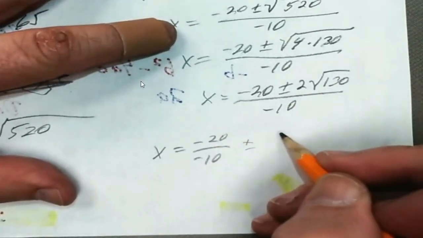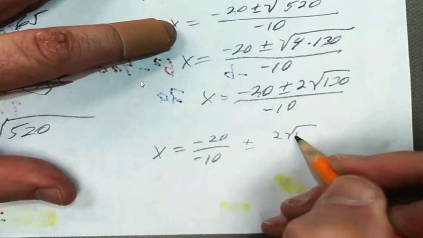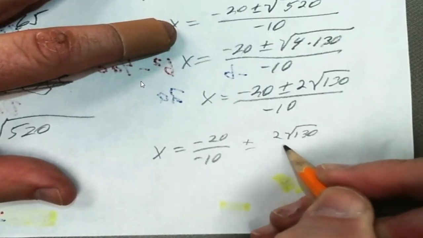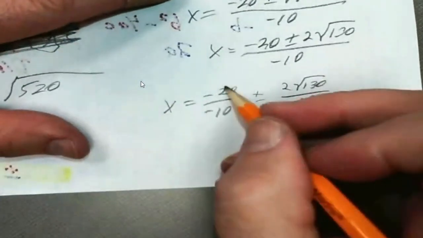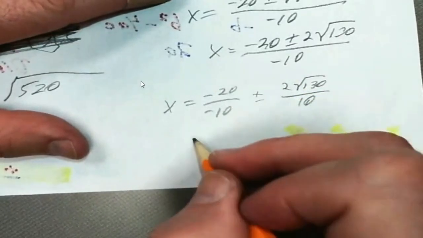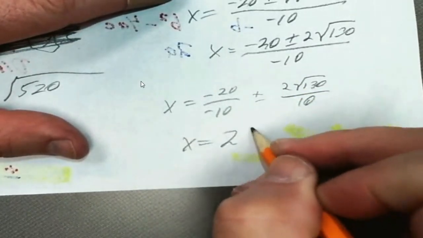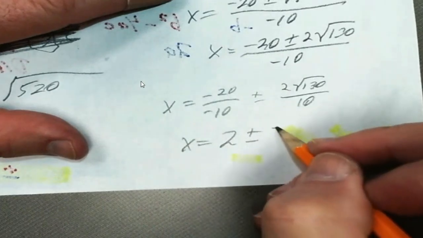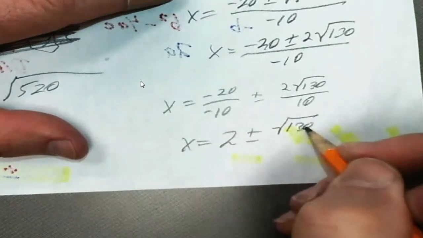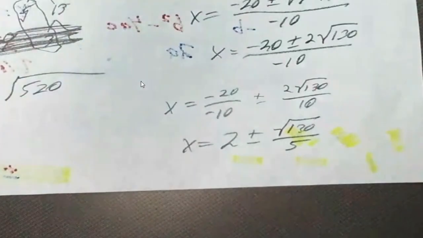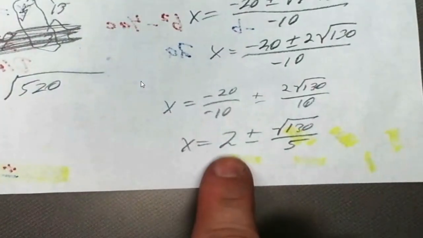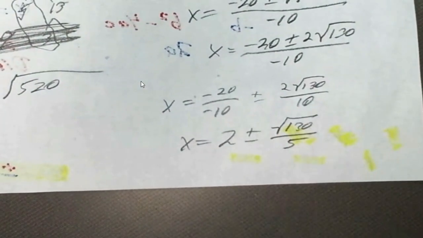So 2/10, 2 square roots of 130 over 10. So this simplifies to just 2. x equals 2 plus or minus the square root of 130 over 5. If we did everything right, 2 plus or minus the square root of 130 over 5.